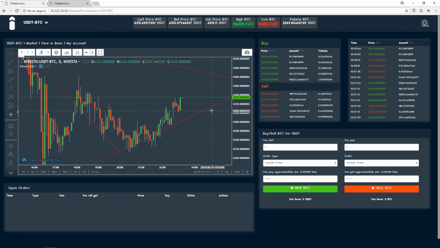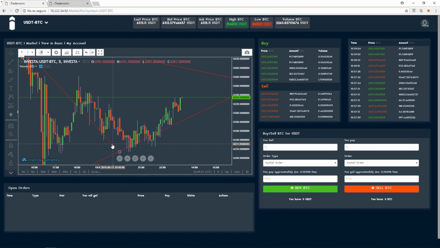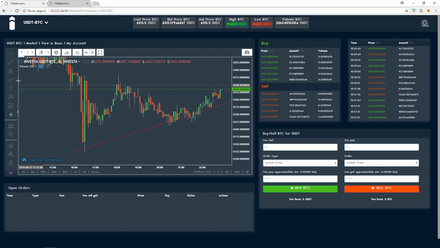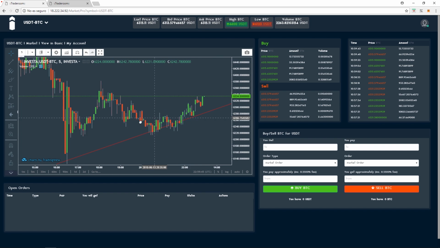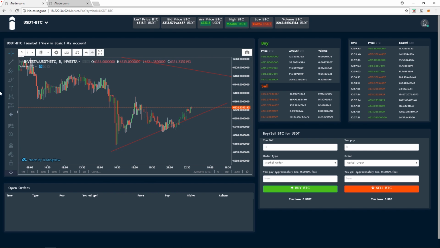If you would look at this graph just like that, let me get rid of this one and this one. Oh, you can see a very nice ABC movement. So you would see an ABCD movement, which would end up somewhere. Oh, let's draw our fibs.